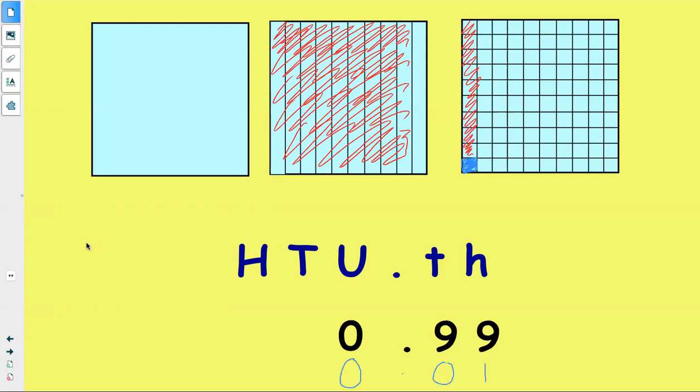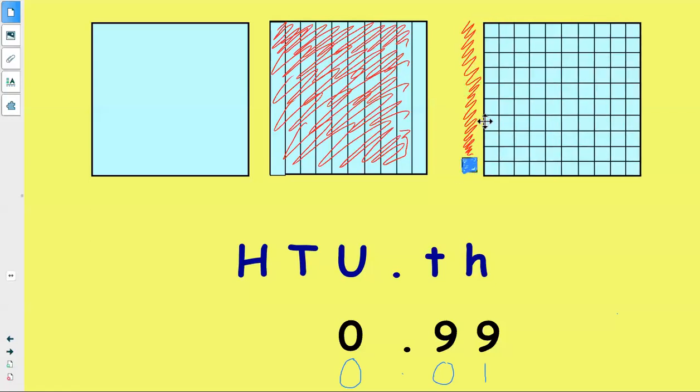It would be 0.01. If I added on that extra hundredth there, you can see that this now becomes 10 hundredths, which is the same as 1/10. If I was to think about moving all of this over, then these 10 hundredths would be the same as 1/10, which would mean this part here was also filled in.